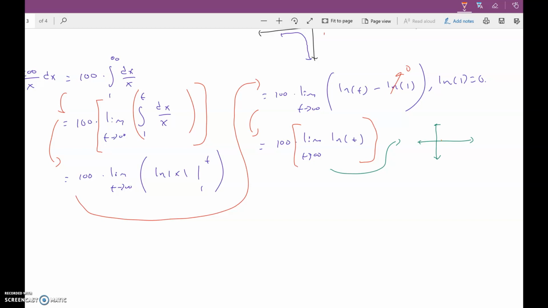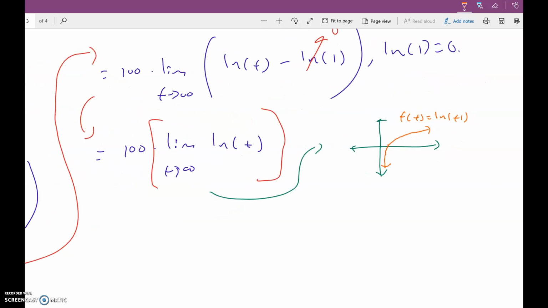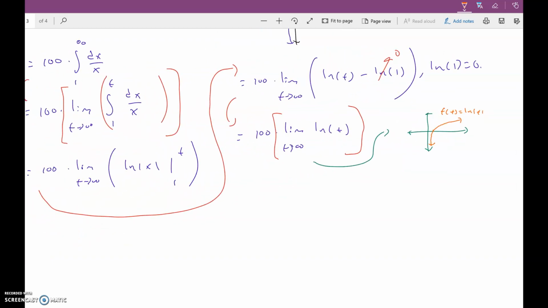It passes through 1, and then it does this sort of shape. So this is f of t equal to the ln of the absolute value of t. Okay, now here's the problem.